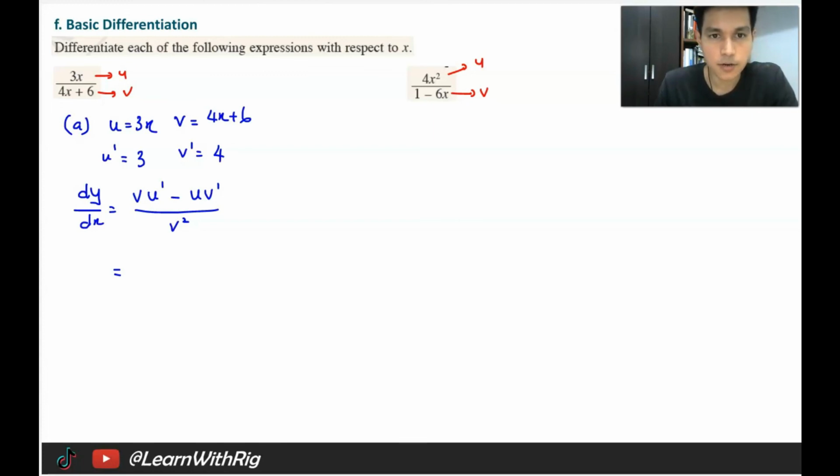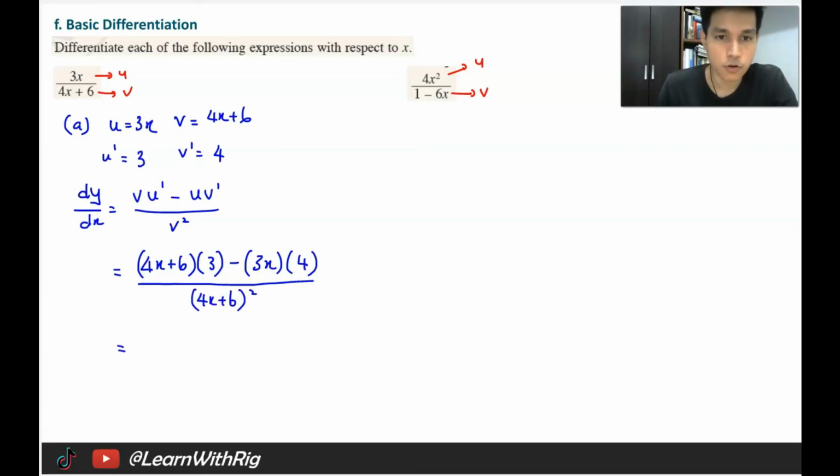So in this case, 4x plus 6 times 3 minus, product rule means you're using plus, so in this case it's minus, 3x times 4, divided by v, which is 4x plus 6 squared.